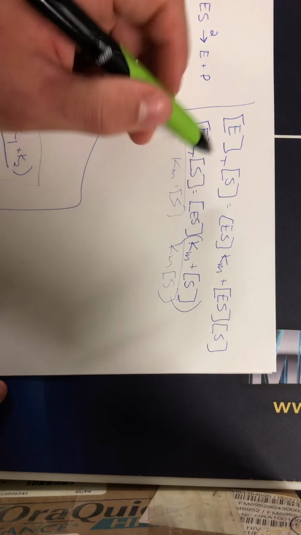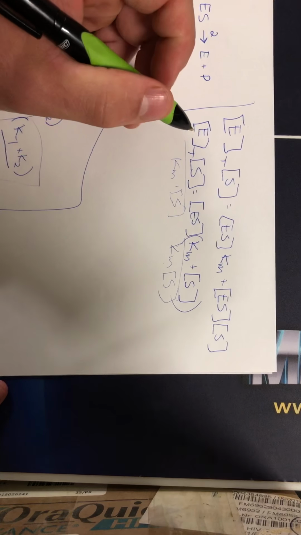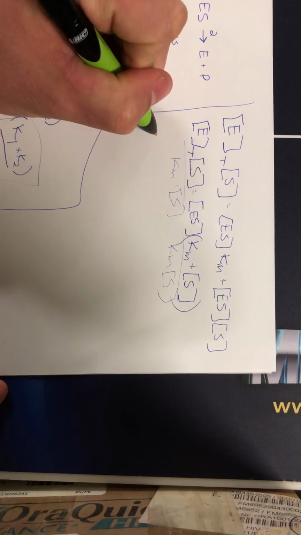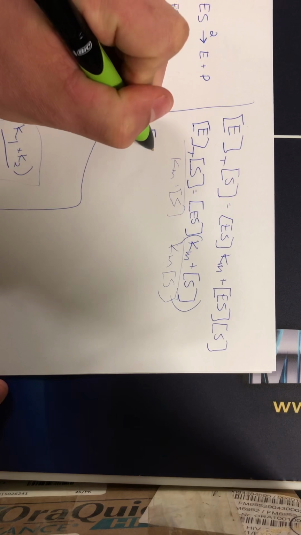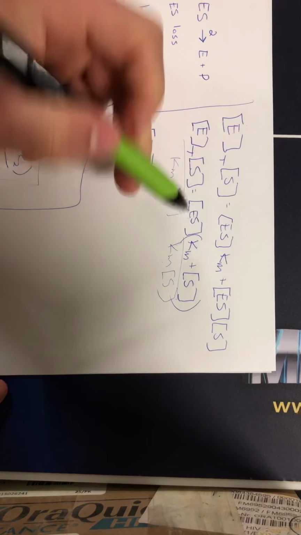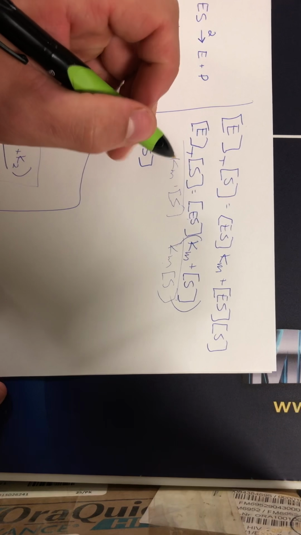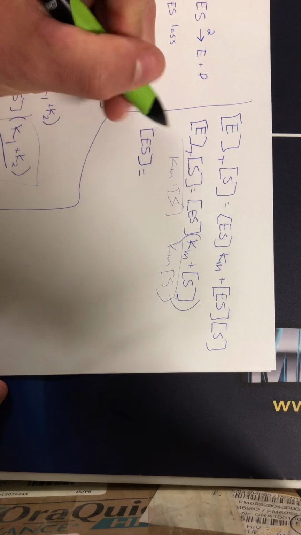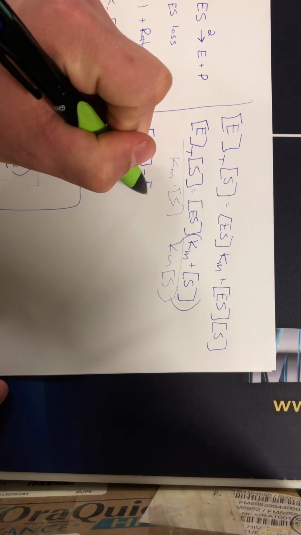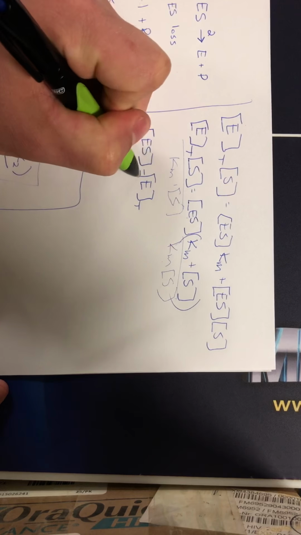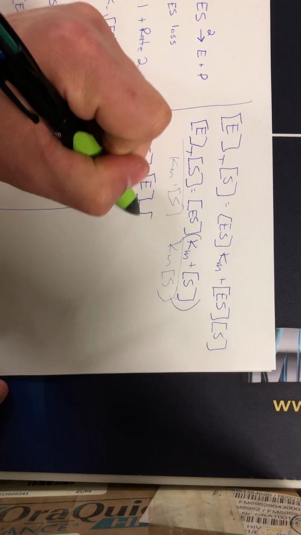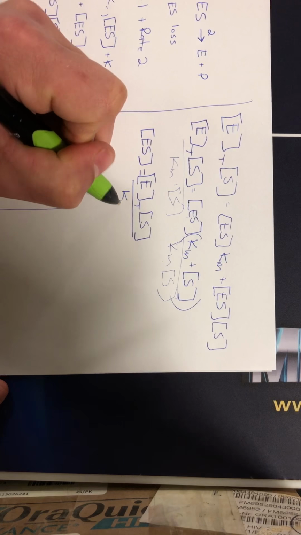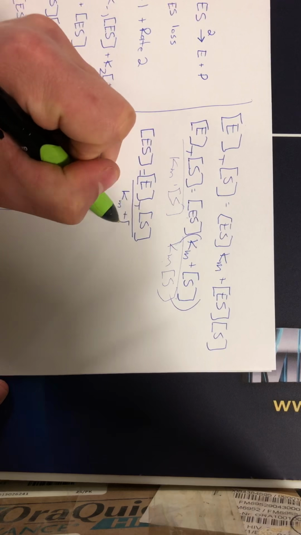That's going to give us the following equation. It's going to switch sides, so this is the right side before. ES, enzyme substrate, is equal to enzyme total times the substrate over what we just divided by, so Km plus the substrate.